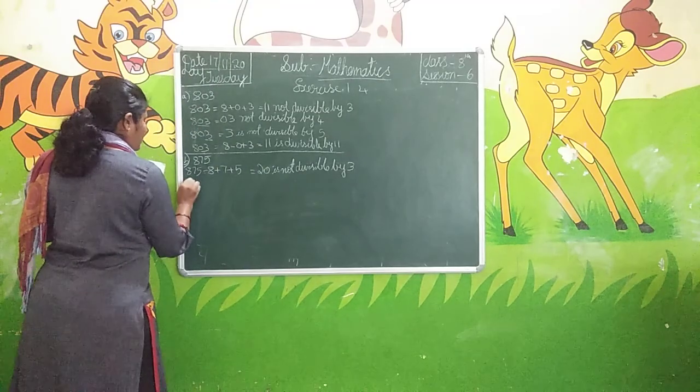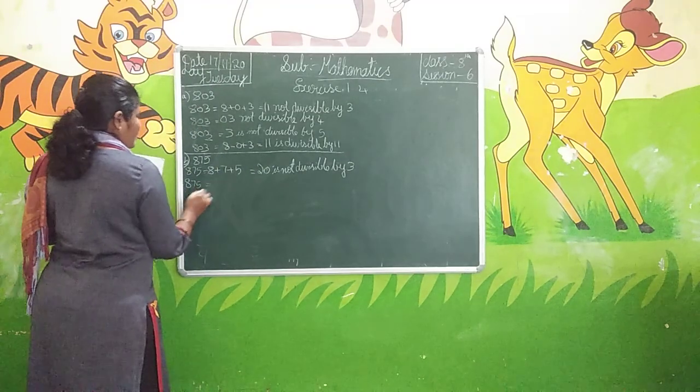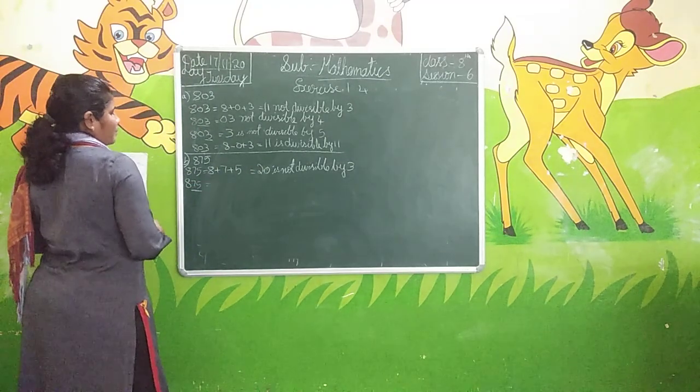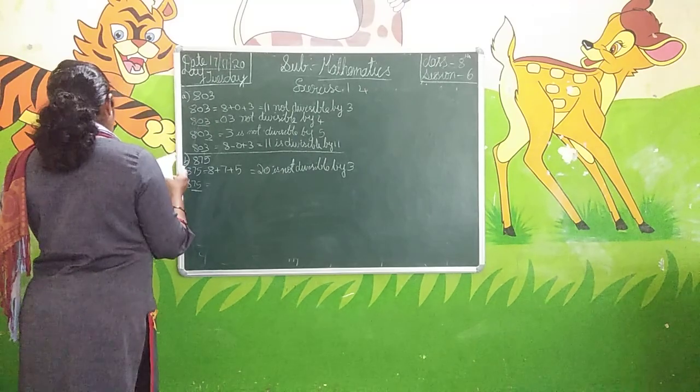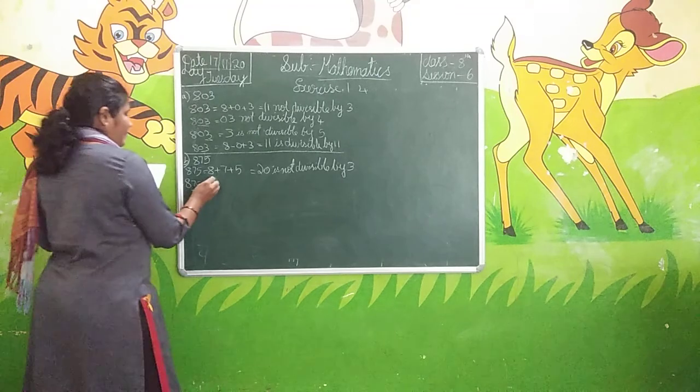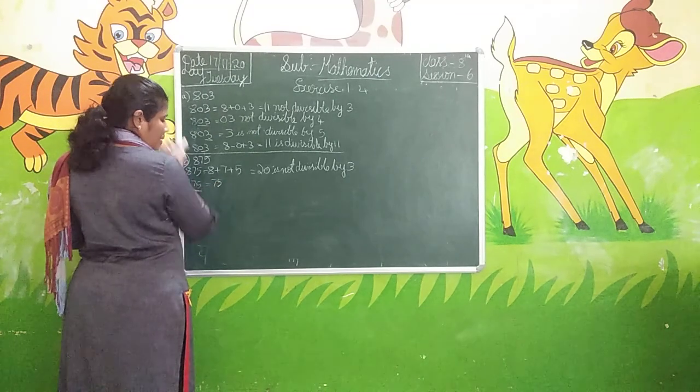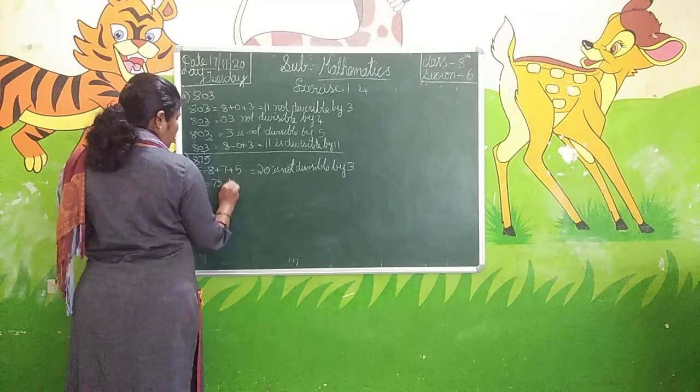Okay, 875. The last 2 digits are 75. A number which ends with 5 is not divisible by 4 because 75 is an odd number.